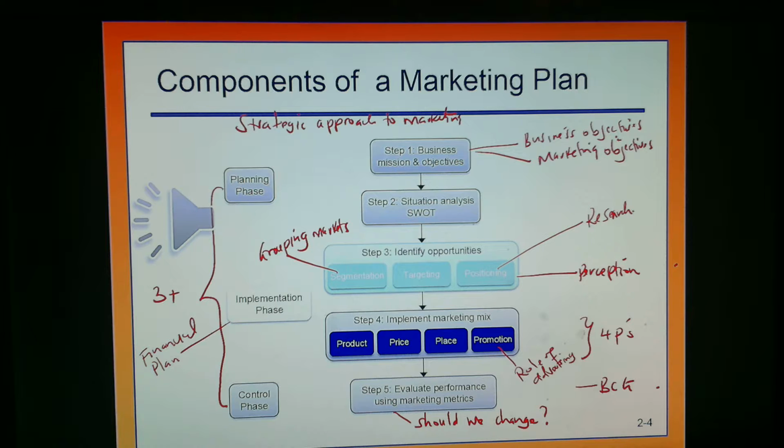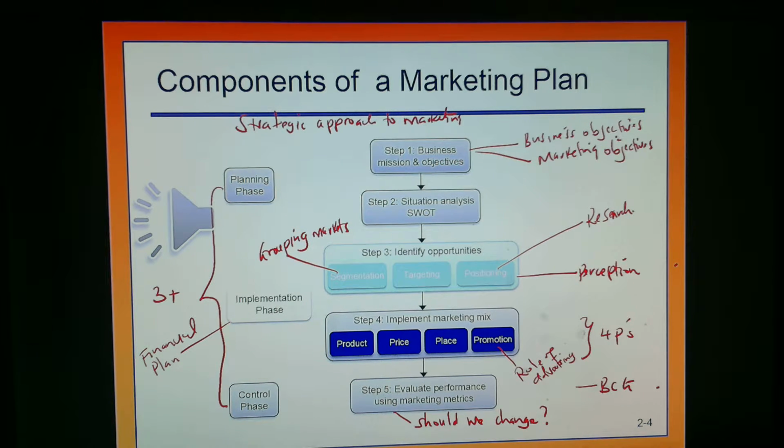So once we understand the business objectives or business goals, the next thing we need to do is to understand the environment and to understand the business itself. So we move to what we call a situational analysis phase, and in that phase we undertake an internal analysis of the business and also an external analysis of the business.